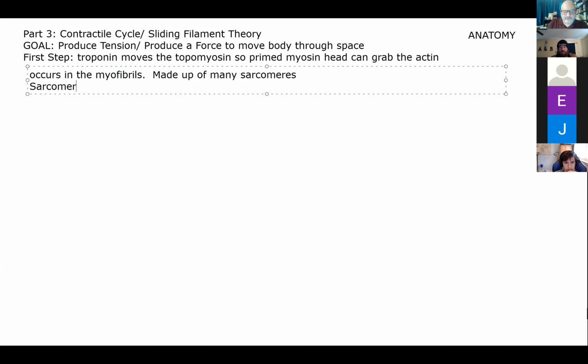And the sarcomeres are the structural units. Again, this is what gives it its stripes. But it is also the functional units which produce the force.